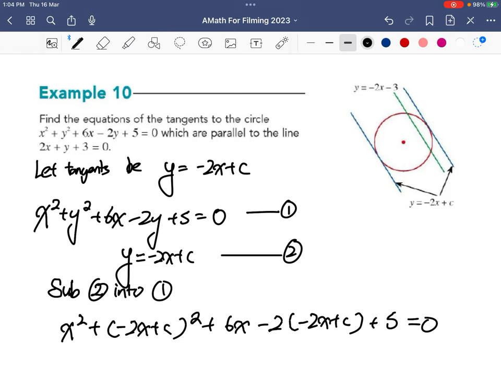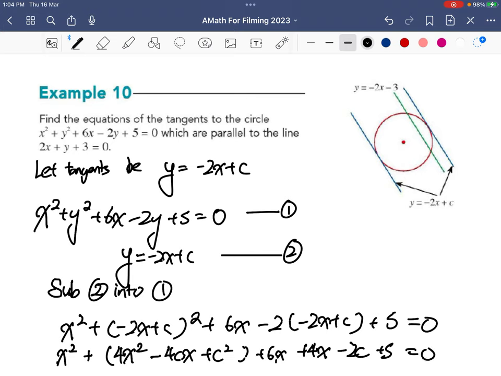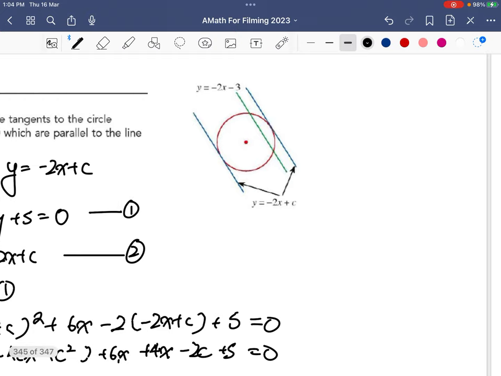Then what I will start to do is to expand: x squared plus 4x squared minus 4cx plus c squared, plus 6x plus 4x minus 2c plus 5 equals 0. Basically, I'm just expanding the brackets over here.